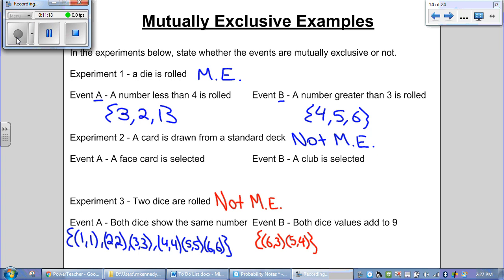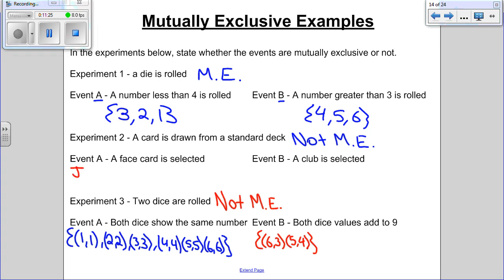So that means I could have drawn the Jack of Hearts, Jack of Diamonds, Jack of Spades. You could also do that for queens or kings, or aces if they counted that as a face card, which they don't.